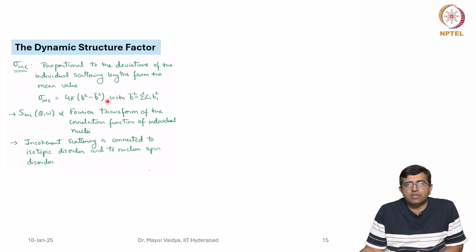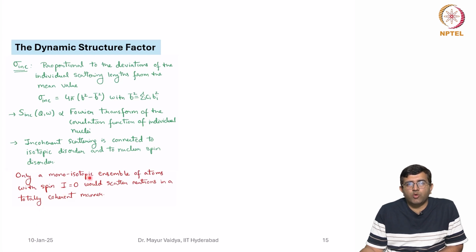Here b is the individual scattering length and b bar is the average. This incoherent scattering factor is proportional to the Fourier transform of the correlation function of the individual nuclei. This incoherent scattering is connected to the isotopic disorder and to the nuclear spin disorder.